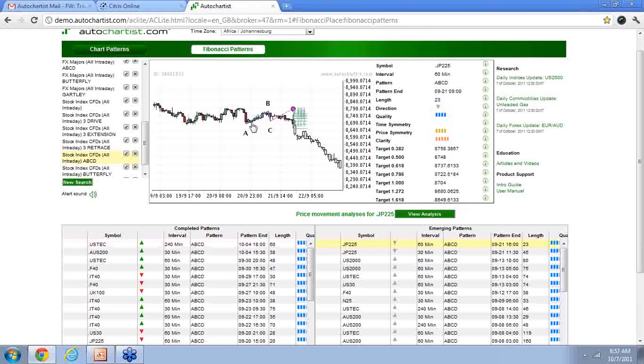For example, here's a case where AutoChartist got the direction right and the time right. Again, here's where the symmetry of time and price. But what happened is the market didn't rally up to this price.